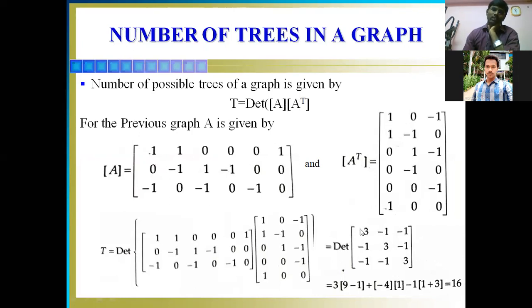Second row becomes second column. Third row becomes third column. So det of the product of these two. Here it is 3 by 6, 6 by 3. So 6 gets cancelled. You may get a 3 by 3 matrix from this.